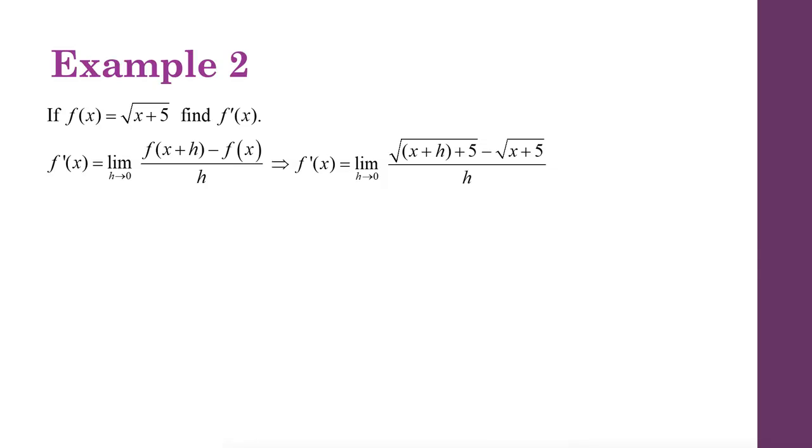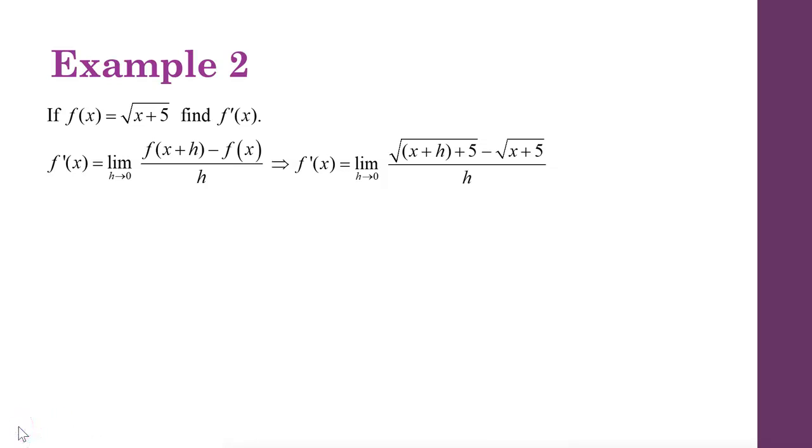Replace the x in our function with x plus h. So we have square root of x plus h plus 5 minus f of x, square root of x plus 5. Now, next thing we need to do is simplify this by multiplying it with its conjugate.